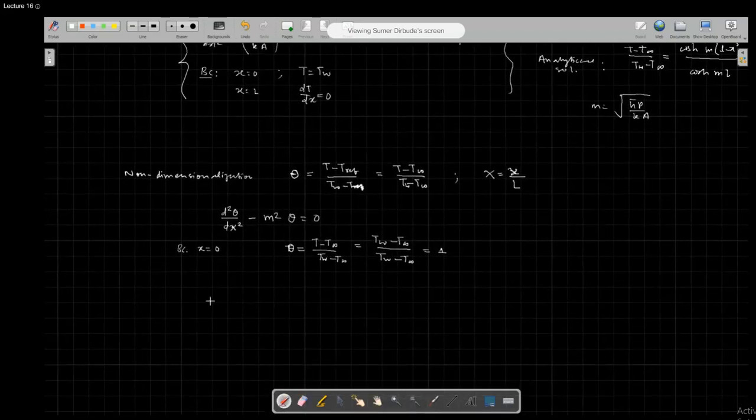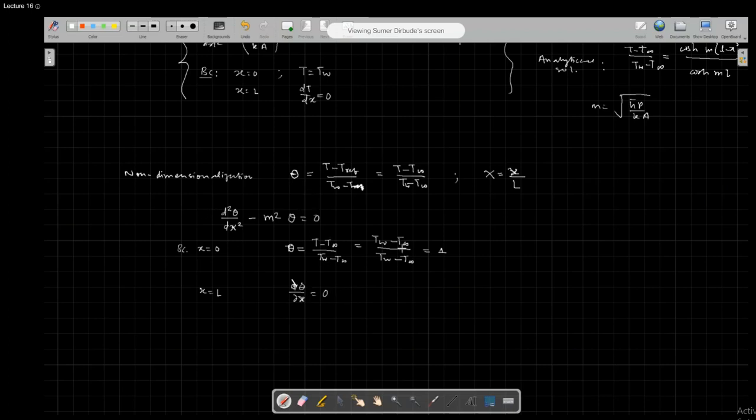And at x equals L, del T by del x is del theta by del x, which will be equal to 0. You take the derivative of theta with respect to capital X, and you get 0.